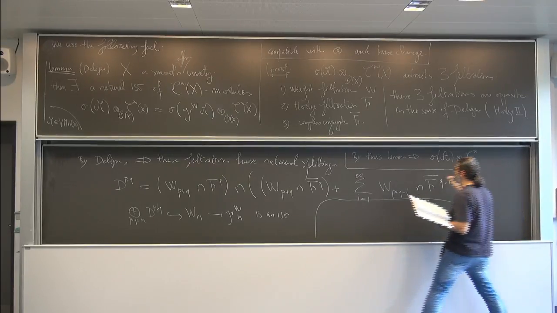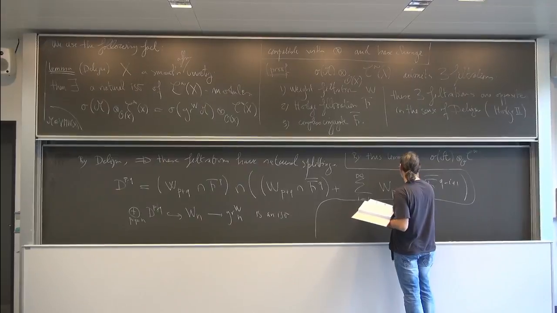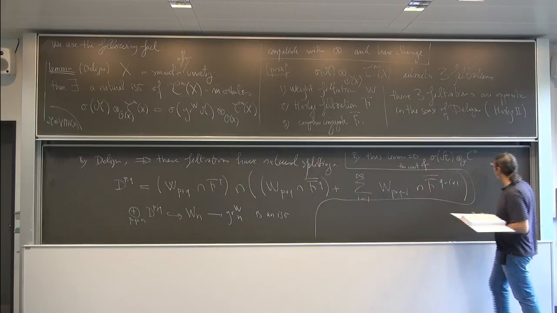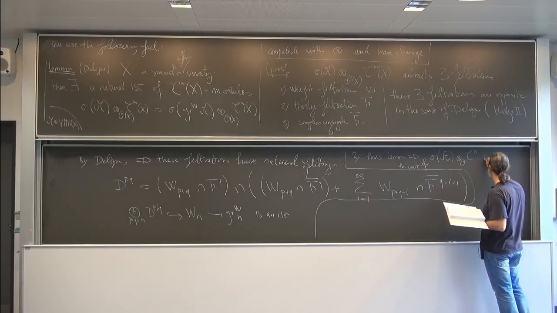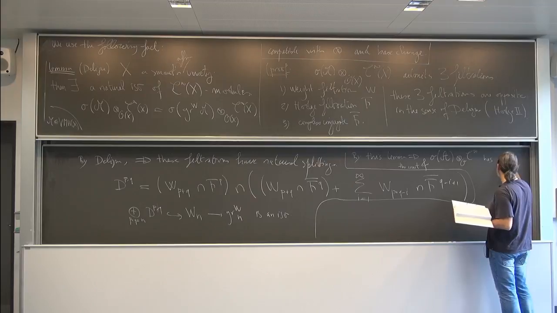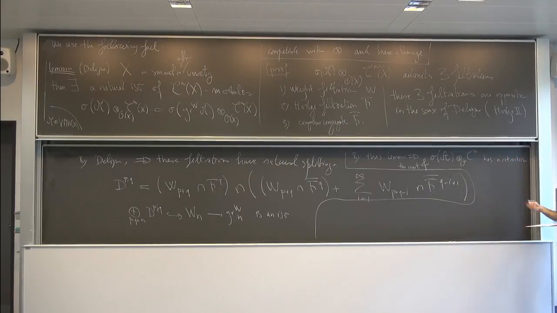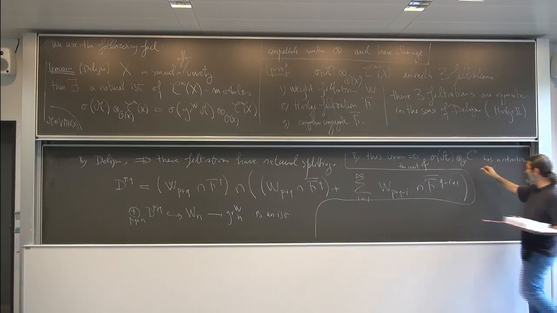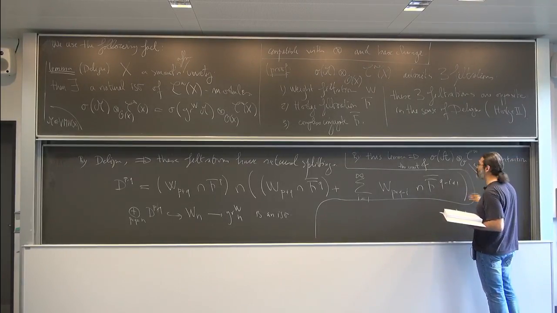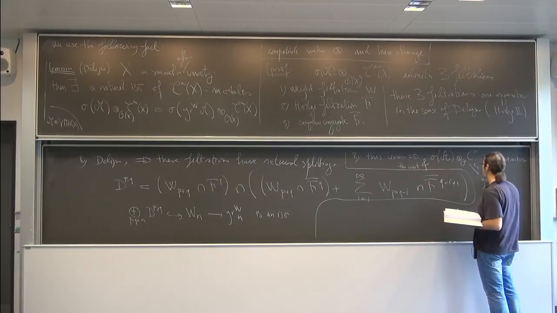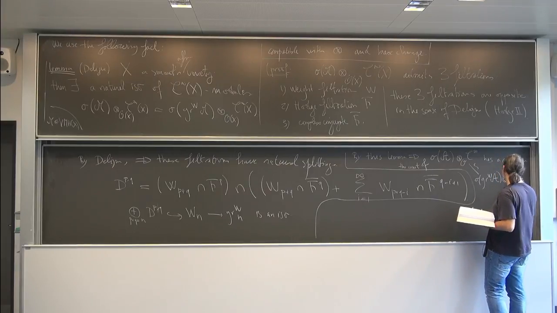So the unit of this has a retraction. Why is it so? The reason is that by this lemma we know that this is the same as the weight filtration on O_A tensor O_{C^∞}.